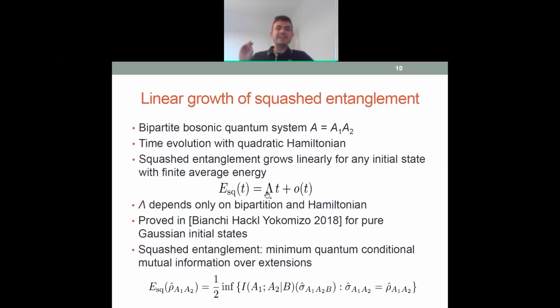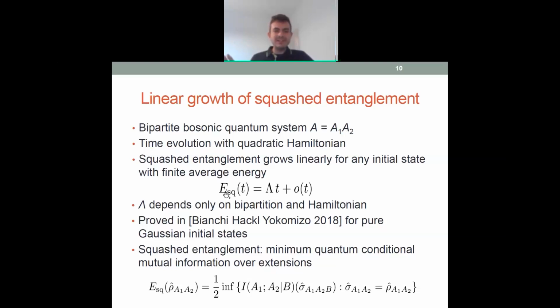So the asymptotic behavior of the squashed entanglement with respect to the time evolution induced by a quadratic Hamiltonian does not depend on the initial state of the system. Like we can choose it in any way. It can be mixed, pure, Gaussian, non-Gaussian, heavily entangled, or product. And for infinite time, the asymptotic behavior of the entanglement will always be the same.